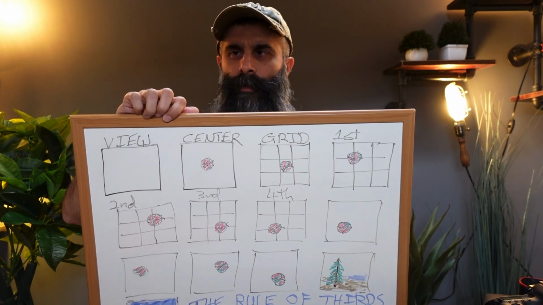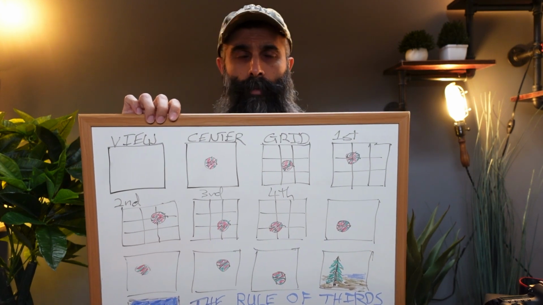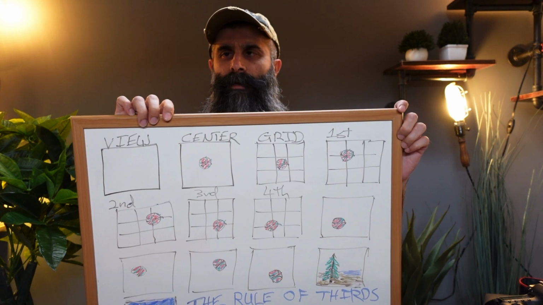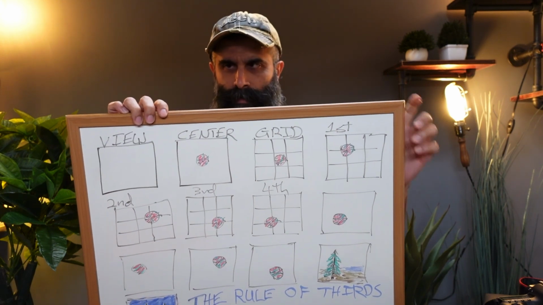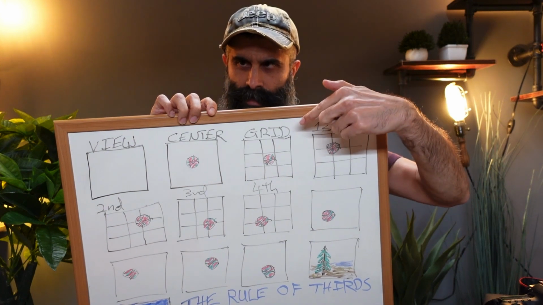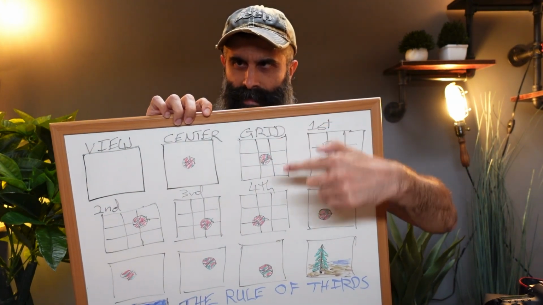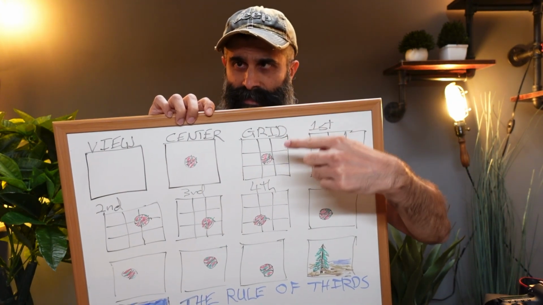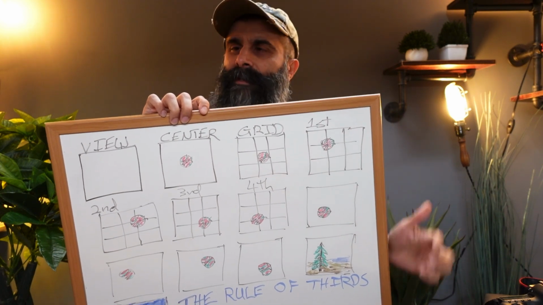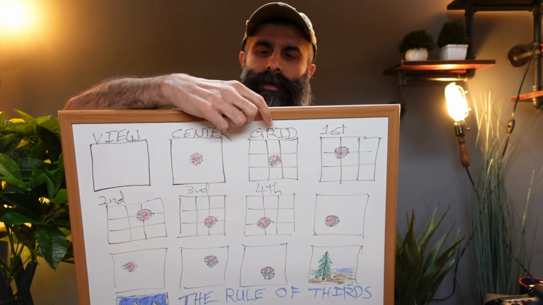And maybe you take your picture. That's what we may normally do. Now, with the rule of thirds, imagine before you take the picture that you're drawing a grid of two vertical lines. These are the up and down lines, and two horizontal lines, the side to side lines, in your viewfinder.